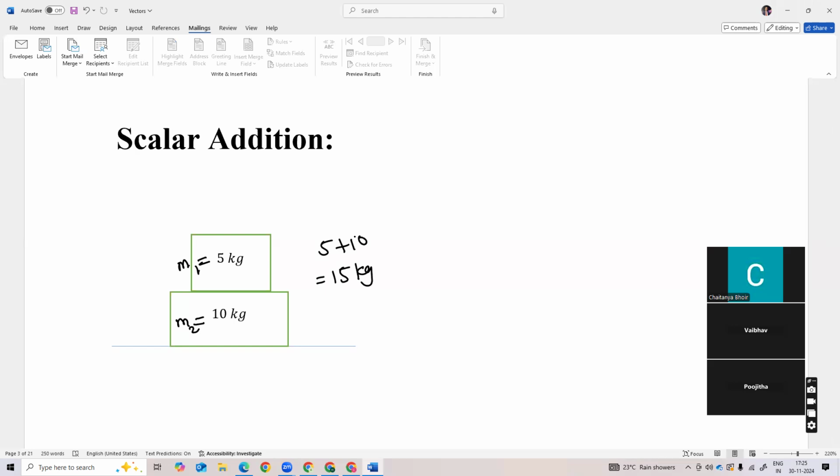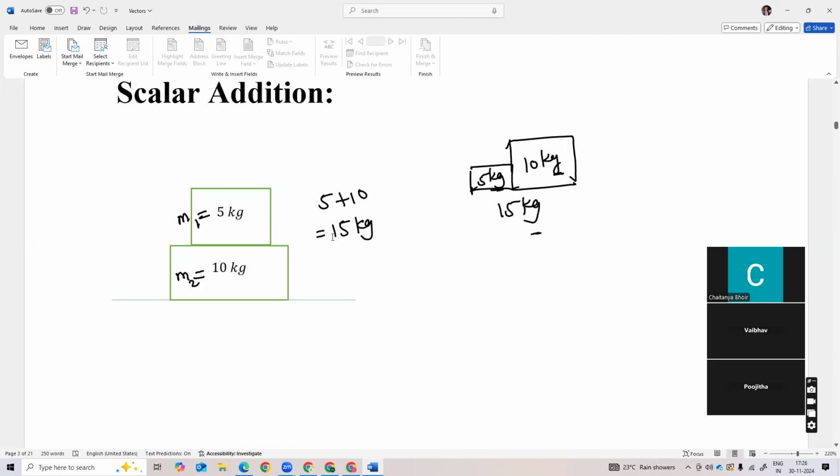Now if you keep both of them side by side, 5 kg and 10 kg, then also the total mass will be 15 kg. This is how you add two scalar quantities. Of course both are mass here, so both must have the same unit. This is how you carry out the addition of scalar quantities.